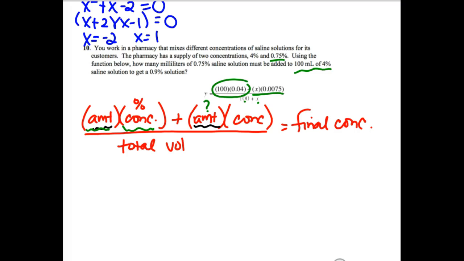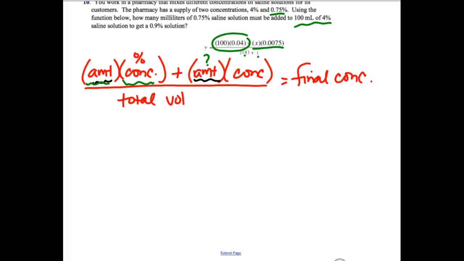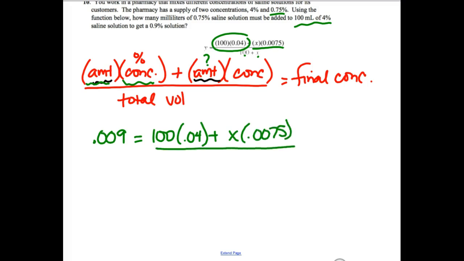Now when we dump that in, remember you have to convert it to a decimal, right? So 9/10 of a percent, or 0.9%, is what? What is it? 0.009 equals 100 milliliters of 4% plus an unknown amount of the 3/4%, divided by total volume, 100 plus X.